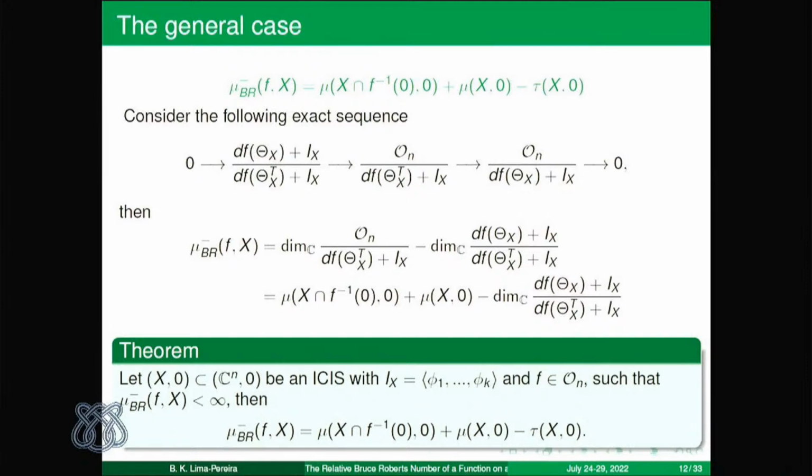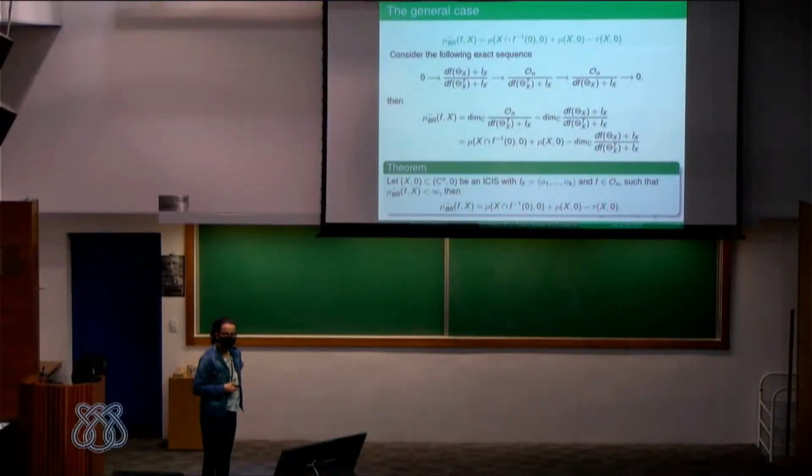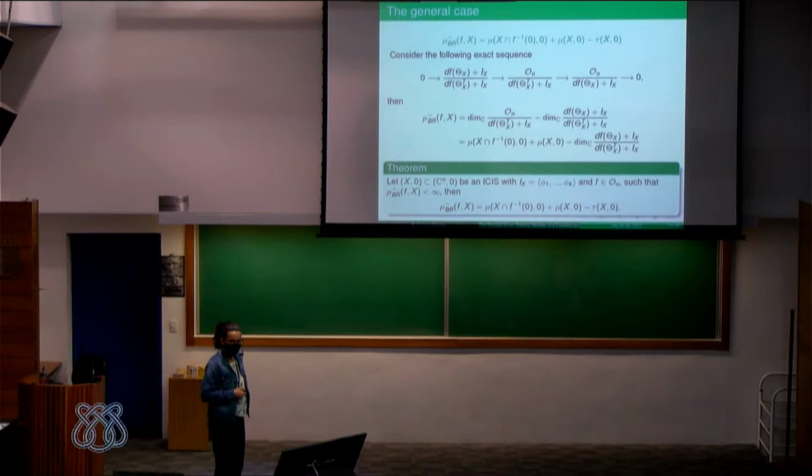Okay. Sorry, so what I said actually is not quite right. It is the multiplicity of... no, that actually is correct. The Tjurina number really is a co-length in this case. Okay. Anyway.